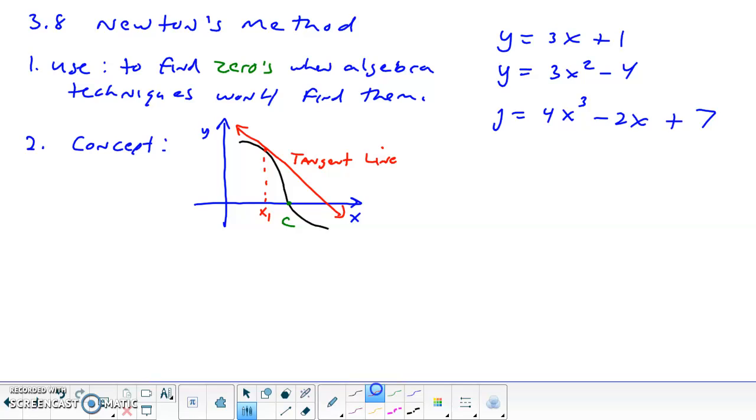And if you were to look at the coordinates of that tangent point, it would be x sub 1 comma f of x sub 1, right? Okay, no big deal.